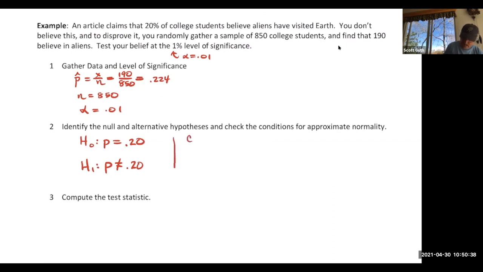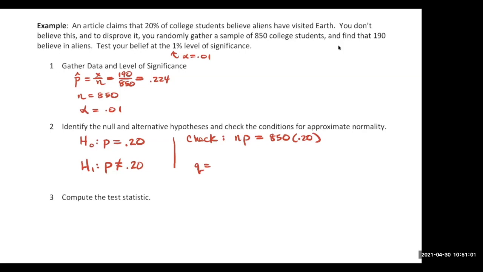The check: all you have to do is NP, and you get P from the null hypothesis. So N was 850. P, we're using 20%. This needs to be at least 10. Okay, anybody? 170. Great.